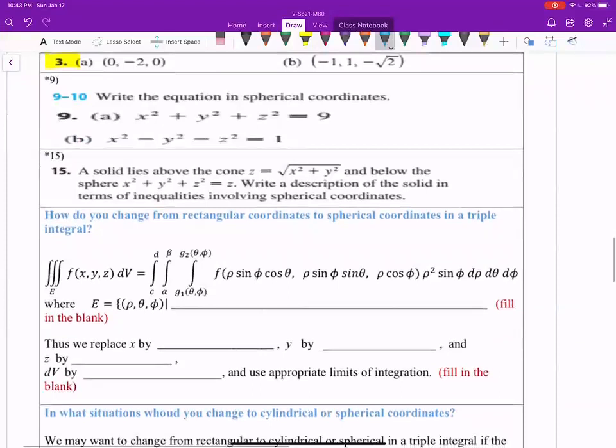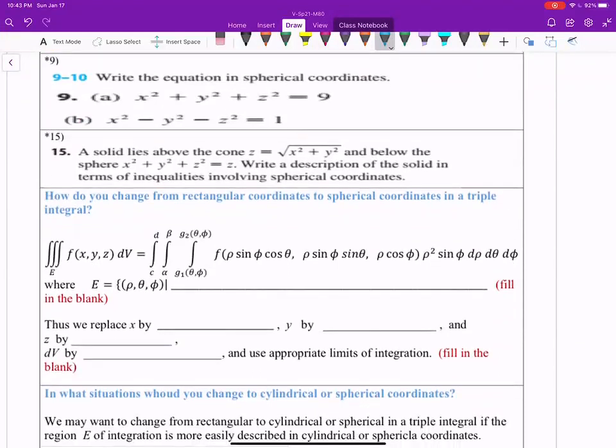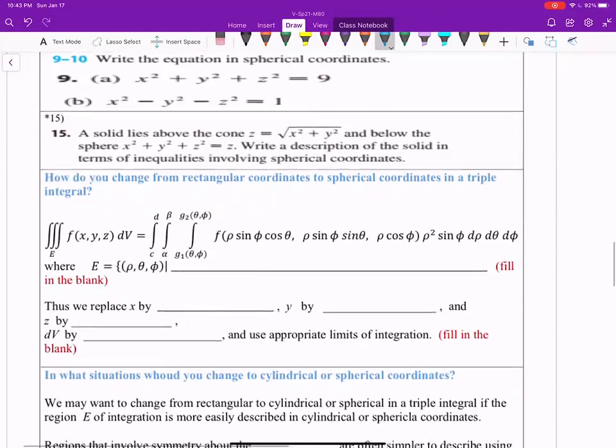Now, how are these spherical coordinates applied in triple integrals? How do you change from rectangular coordinates to spherical coordinates in triple integrals?